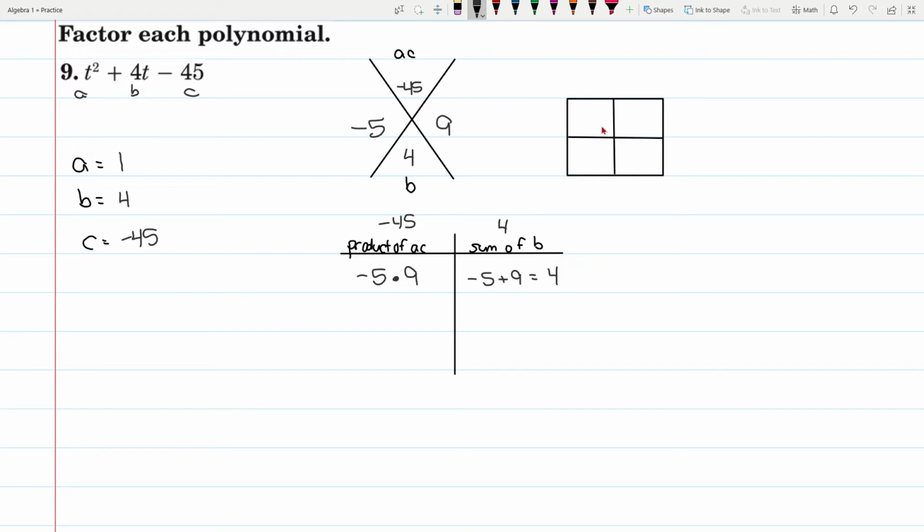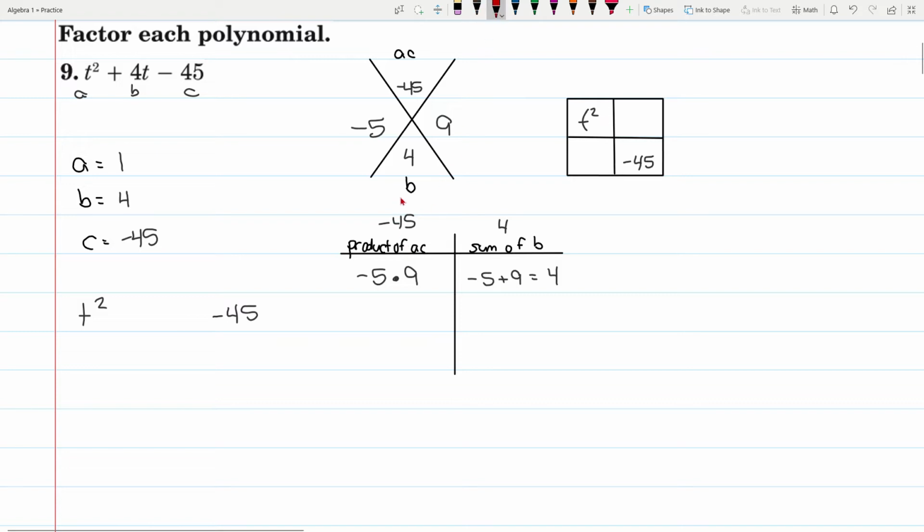Now, the reason for this box is just a little side note. Essentially, we've taken this t squared and this minus 45, which is why we put the t squared in here and the minus 45 in the bottom right.